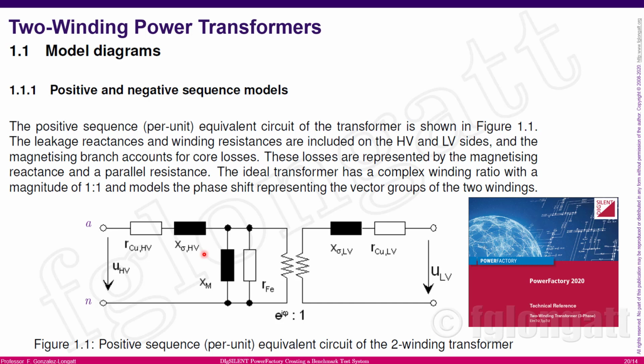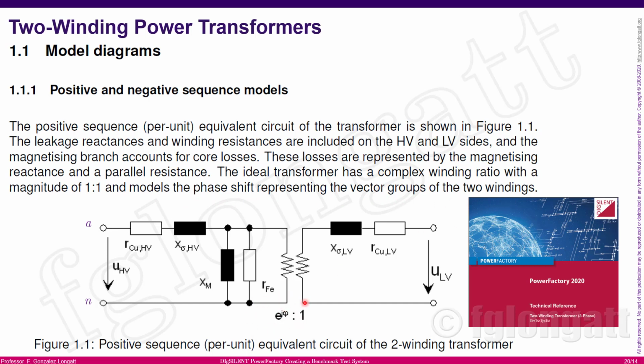But my most important aspect here is the transformer. This is an ideal transformer. If you go to the technical reference, you can read that the ideal transformer has a complex winding ratio with a magnitude of 1 to 1 and models the phase shift representing the vector group of the two windings.